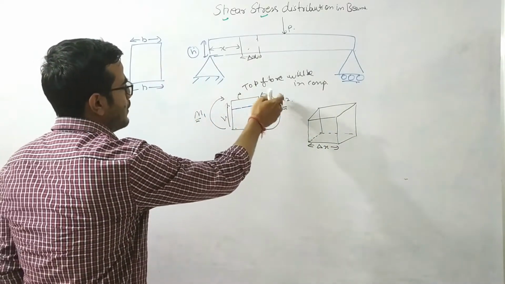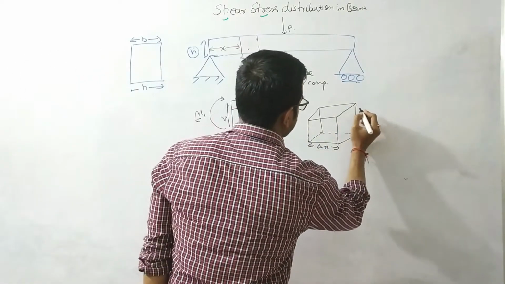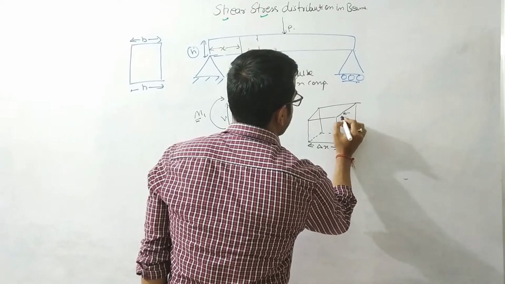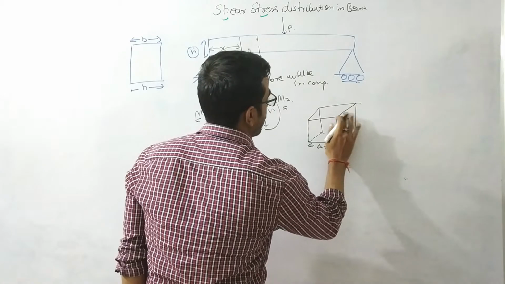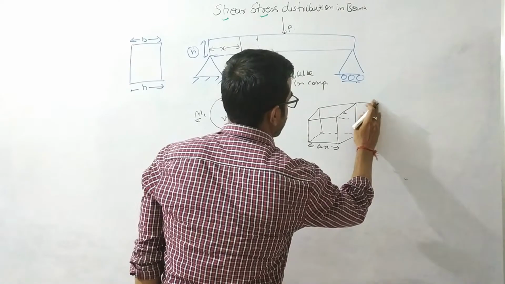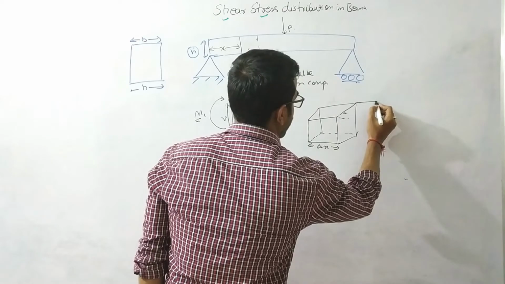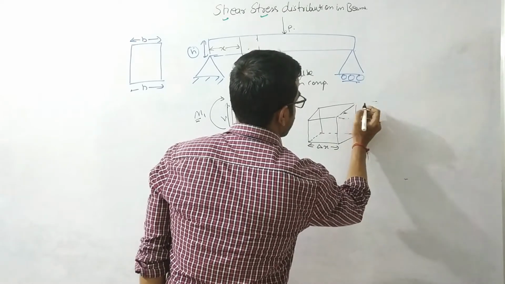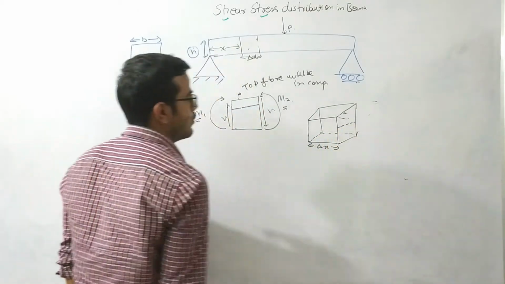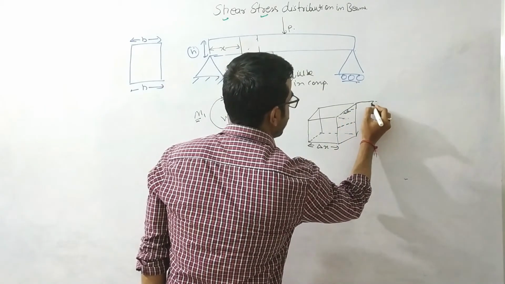When the M2 moment is applied in this direction, the compressive stresses will act on this surface. This is the neutral axis of this portion, so up to this portion there will be compressive stresses.